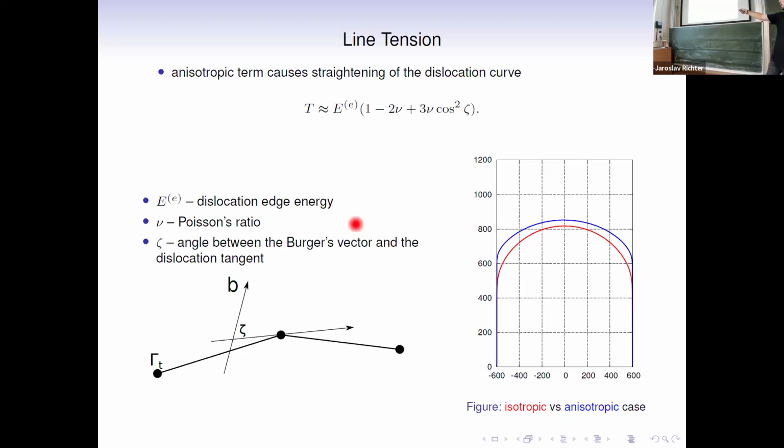Basically, the Burgers vector is a given parameter from the physicist. And here we can see the red line versus the blue line, isotropic versus anisotropic case. So the effect of such a line tension is basically straightening the dislocation line.